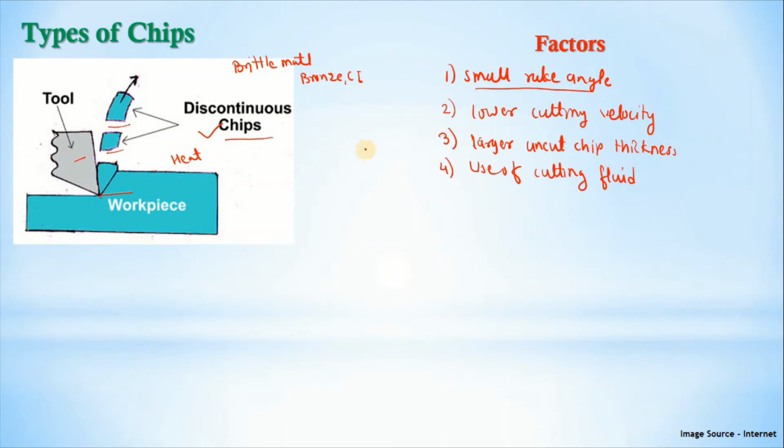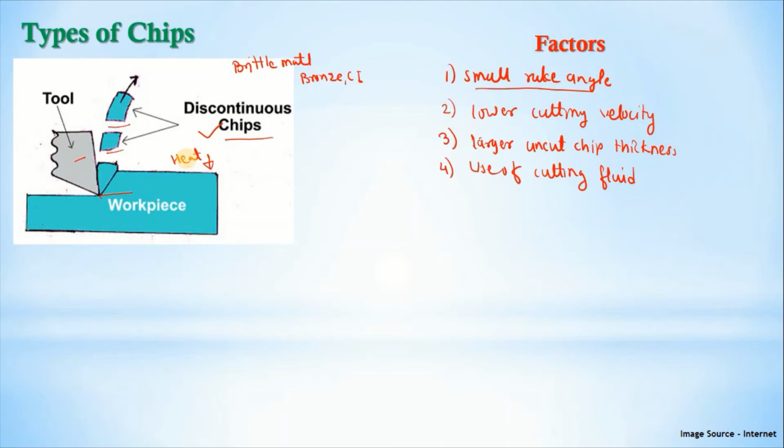At that point, if we apply the cutting fluid, the heat comes down. So a sudden increase and decrease of heat is taking place during chip formation. Due to that, if any crack is present in the chips which are formed, it will propagate towards the surface and we will get a discontinuous chip.